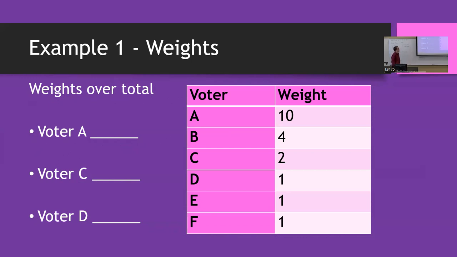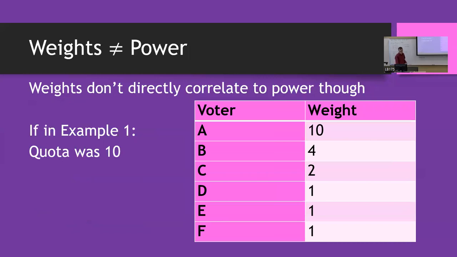And D would have had 1 over 19 of the total votes. So that would be the weight over total. Does that make sense? In this example, A has 10 over 19. C has 2 over 19. D has 1 over 19. Okay.